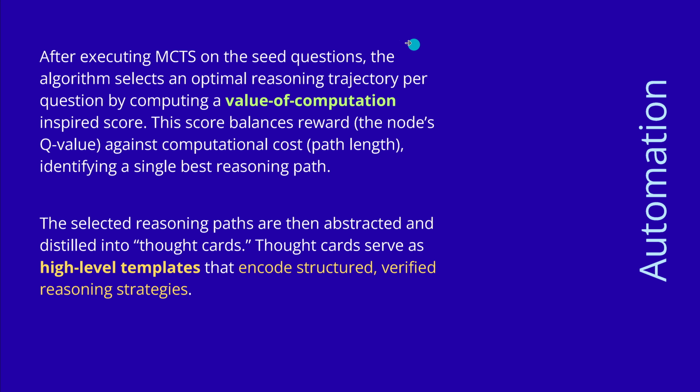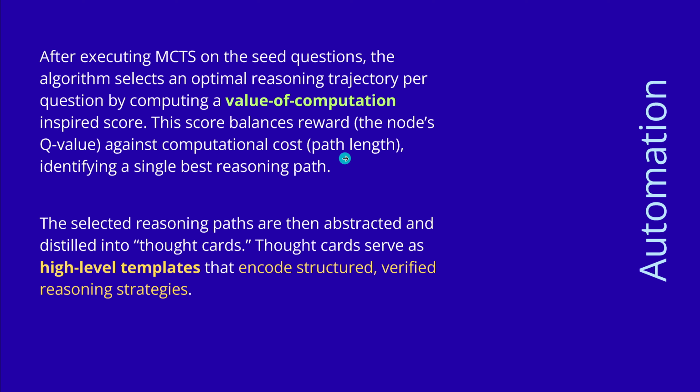So, short summary: after executing all our different Monte Carlo tree search paths on the seed question that we initiate the system with to come up with the first solution, the algorithm selects an optimal reasoning trajectory per question by computing our value of computation-inspired score. And the score, as I told you, balances the reward, so this means the quality value of this particular node that we can define in different categories, against the simple computational cost.